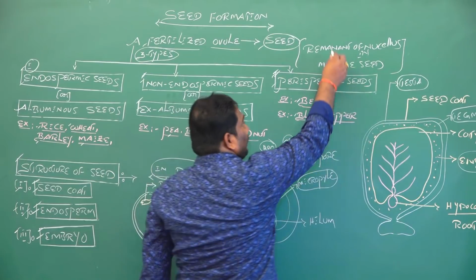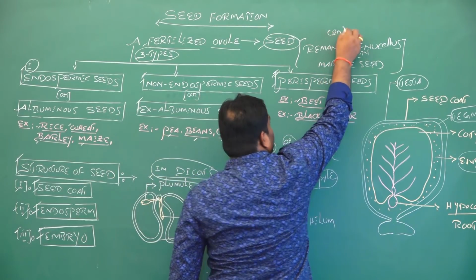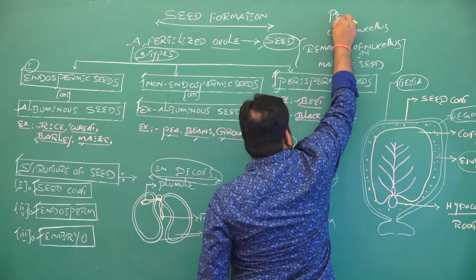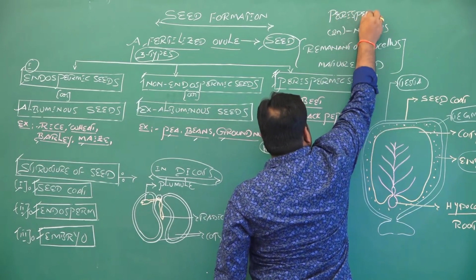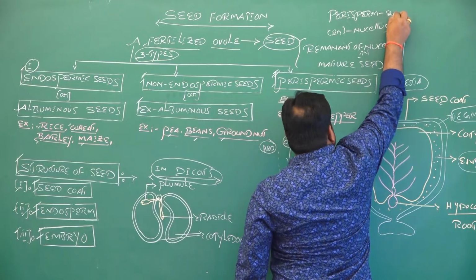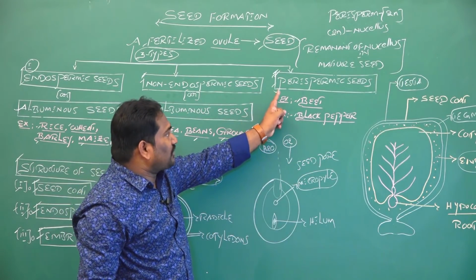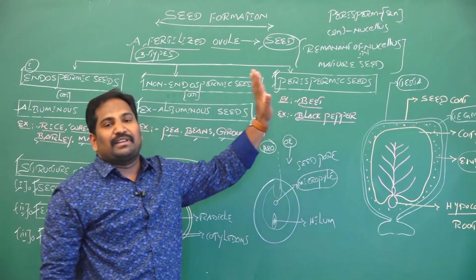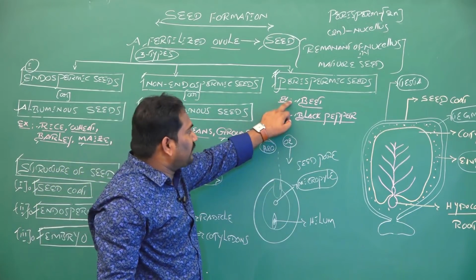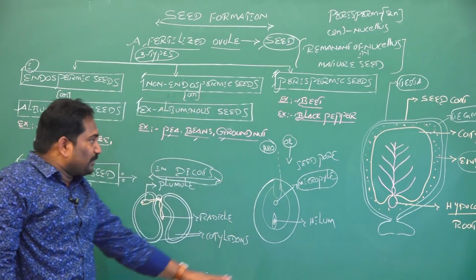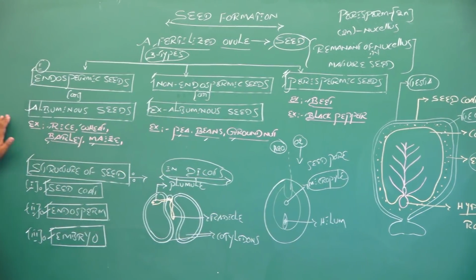The ploidy of nucellus is diploid, and perisperm is also diploid. Examples: beet, black pepper. This is the basic information about endosperm.